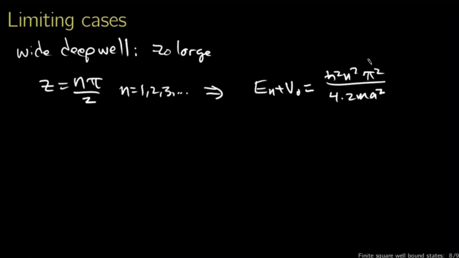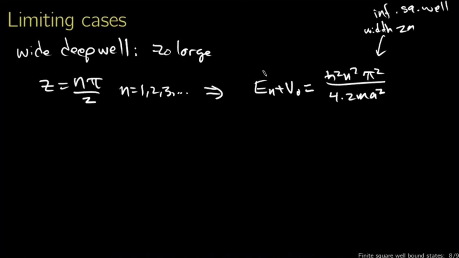This looks very familiar. The right-hand side here is the formula for an infinite square well with width 2a. It's not the infinite square well formula exactly because we have this additional factor of 4, but otherwise it looks very similar. The left-hand side here is the energy of the nth state plus V naught.